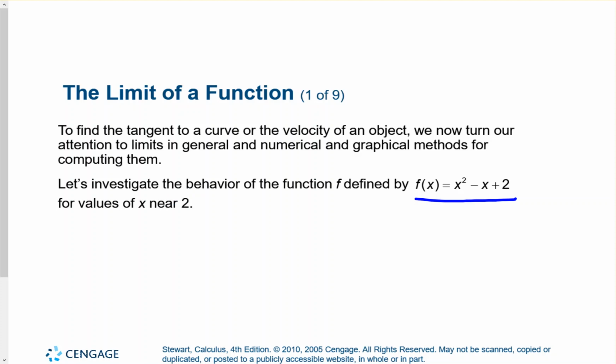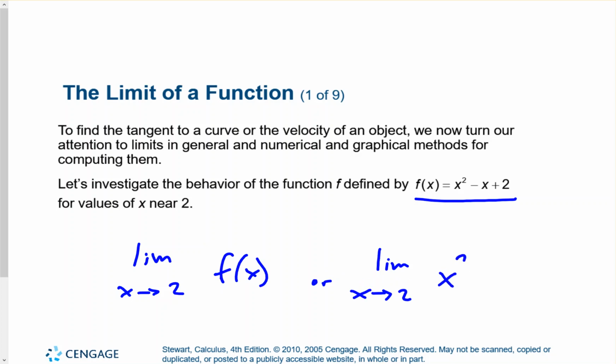If we're writing the notation for this, we would say limit as x approaches 2, and we could put our function in there. We could just say f of x, or we could put the actual function equation part.